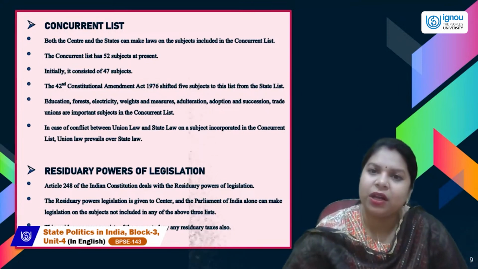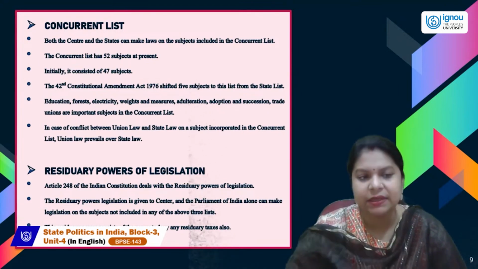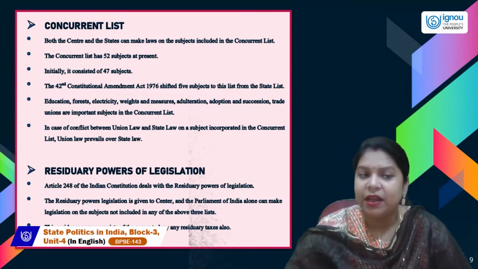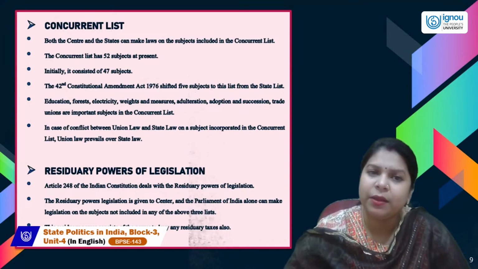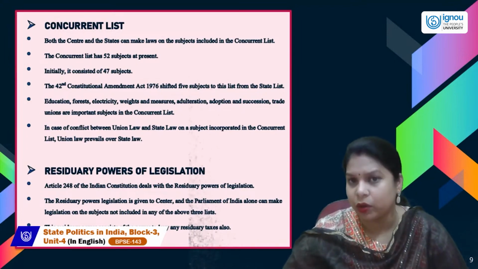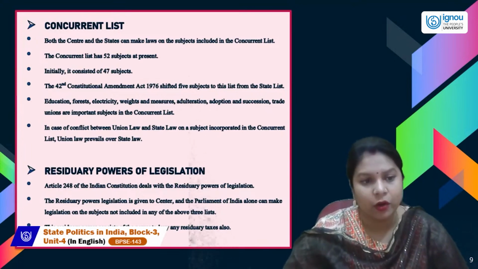Let's see the major subjects in the concurrent list. They are education, forests, electricity, weights and measures, adulteration, adoption and succession, and trade unions. These are the important matters in the concurrent list on which both center and state can make laws.